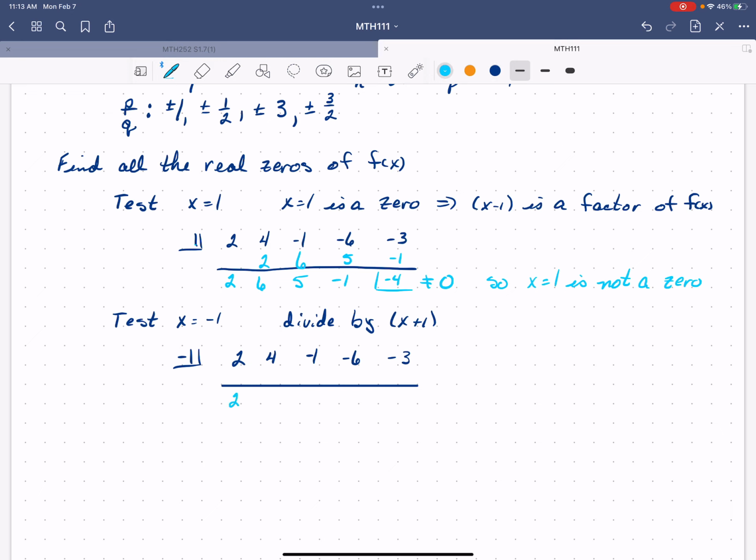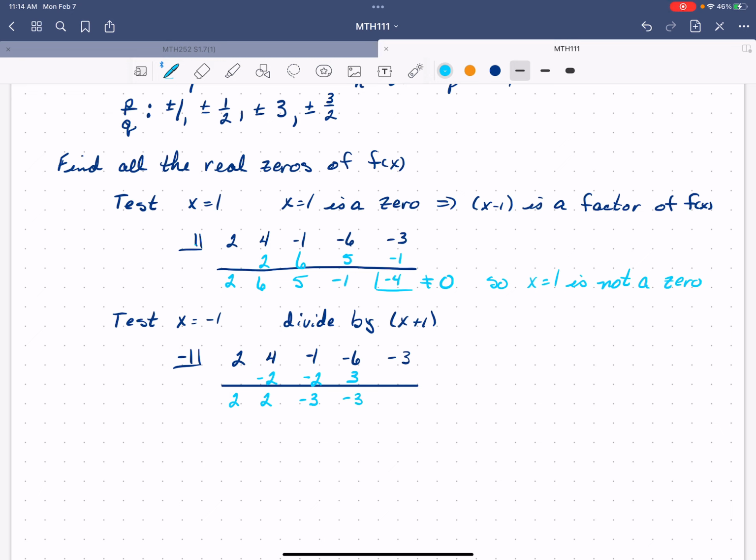Bring down the 2. Negative 1 times 2 is negative 2. Negative 4 minus 2 is 2. Negative 1 times 2 is negative 2. Negative 1 plus negative 2 is negative 3. Negative 1 times negative 3 is 3. Negative 6 plus 3 is negative 3.